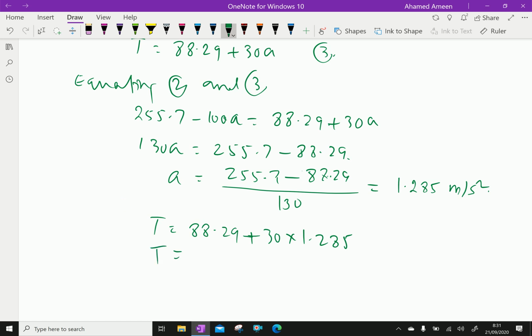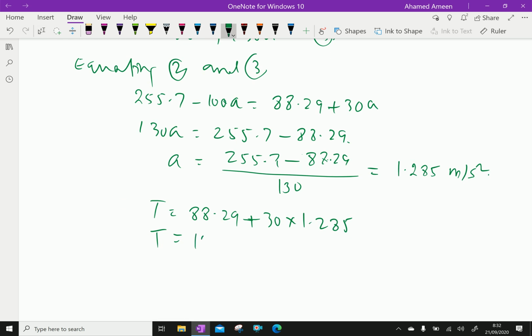So the tension in the thread is 30 multiplied by 1.285 plus 88.29, which equals 126.84 Newton.